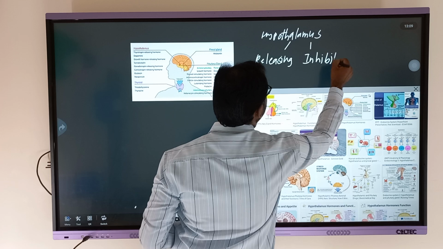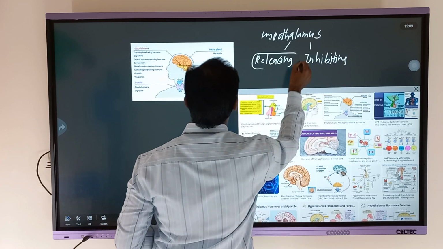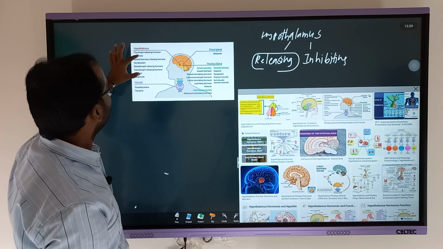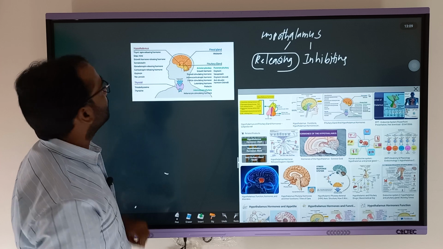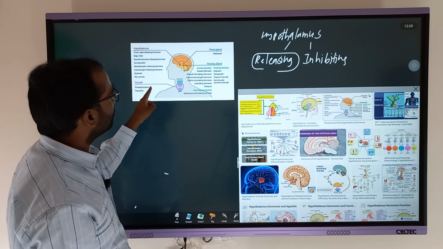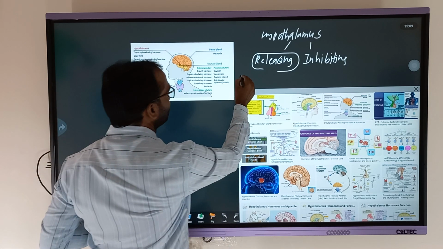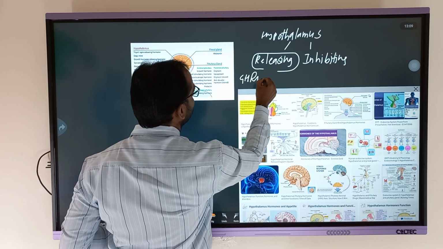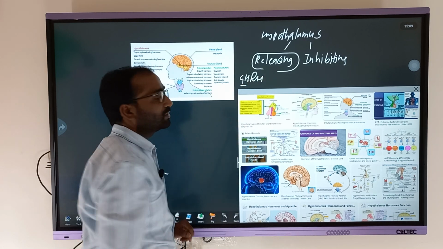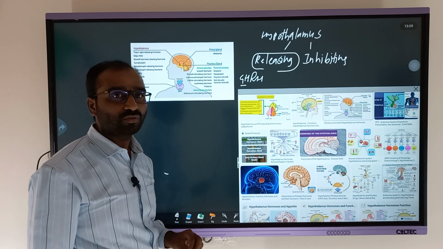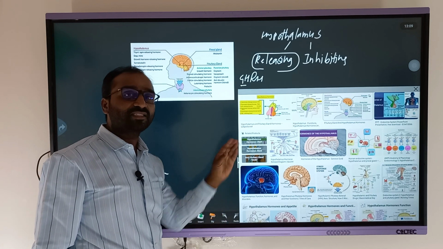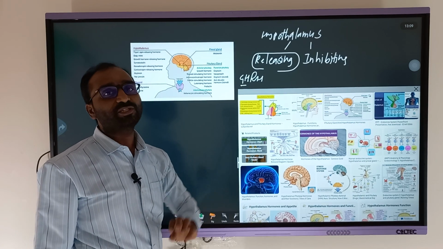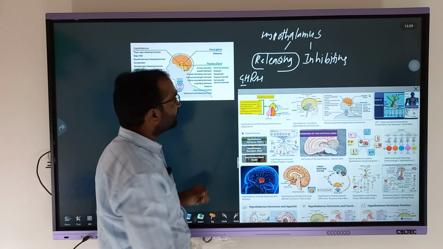So these releasing hormones, for example, growth hormone releasing hormone, help to stimulate the release of growth hormone from the pituitary.